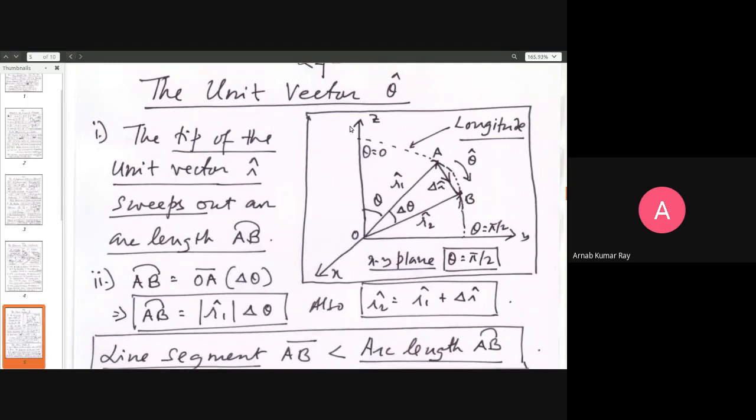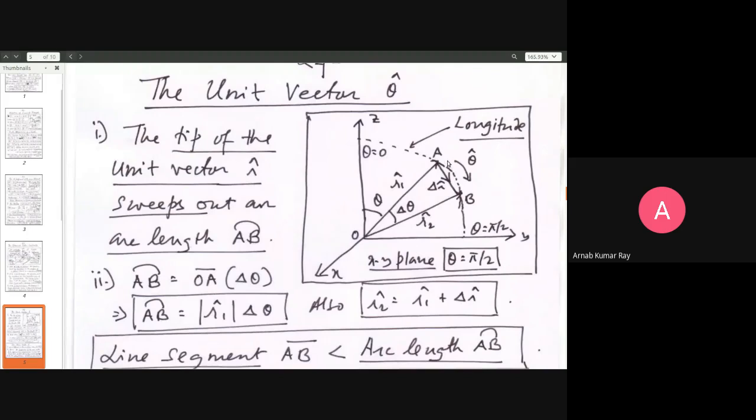The tip of the unit vector r cap sweeps out an arc length AB. Starting from here, theta equal to 0, the unit vector r cap starts from the origin and comes here with magnitude equal to 1, but direction could be anywhere in space. Theta equal to 0, you come down over here, this way, A to B.